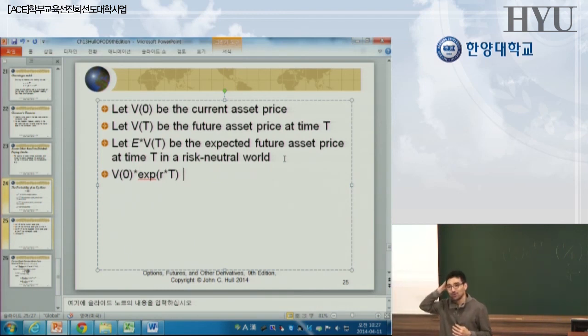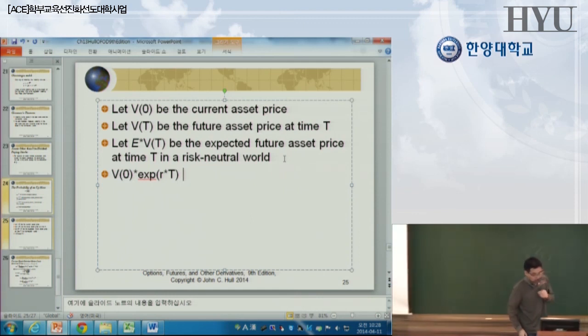Alternatively, instead of putting V0 in the bank, you can buy the stock, and that stock will have some value at time t in the risk neutral world. Because you are in the risk neutral world, the expected return should be the same, which means that whether you put exactly the same money in the bank or in the stock market, they should generate the same expected value at time t.